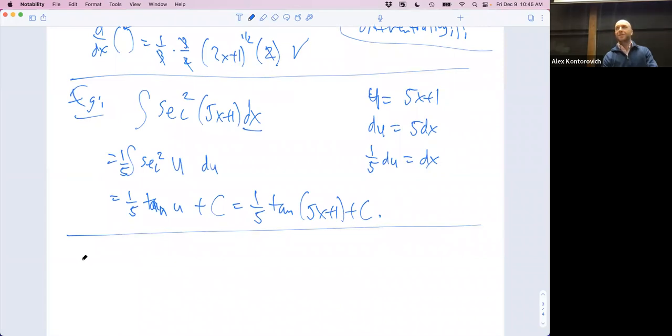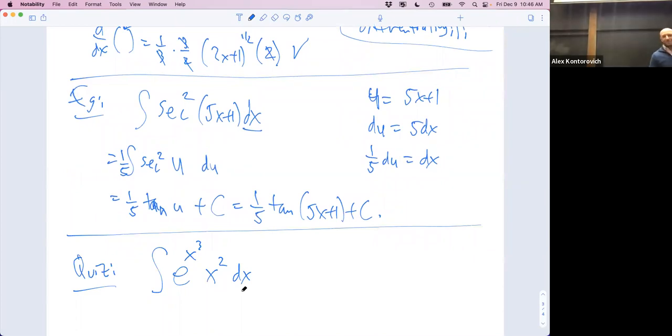Should we make this the quiz? Let's try a quiz. Okay. Antiderivative of e to the x cubed times x squared dx. Take a minute. Work this one out.